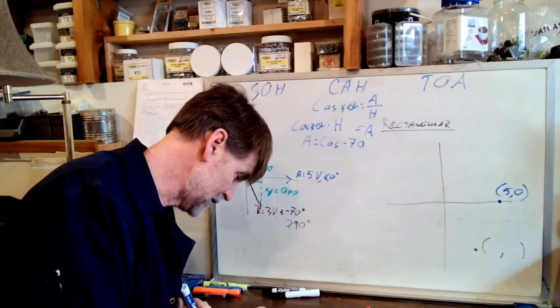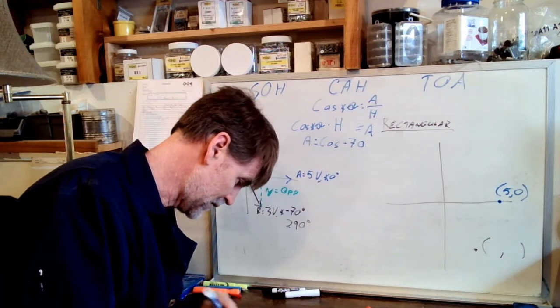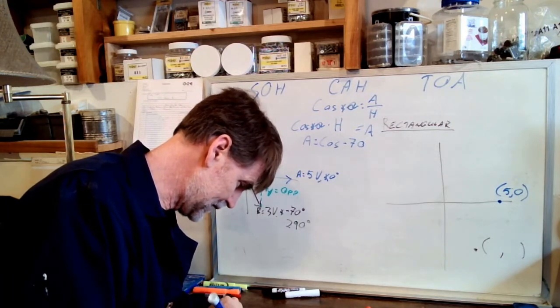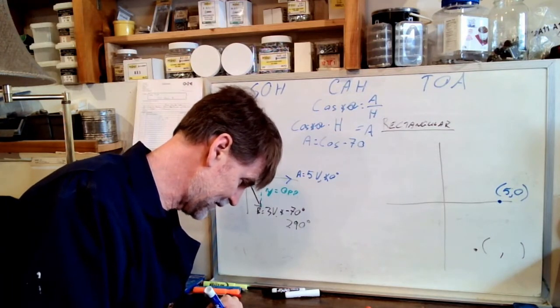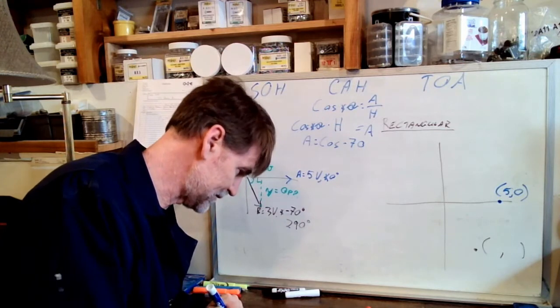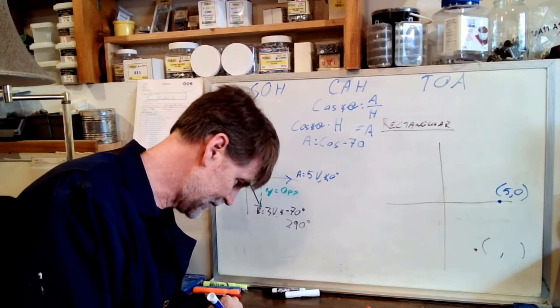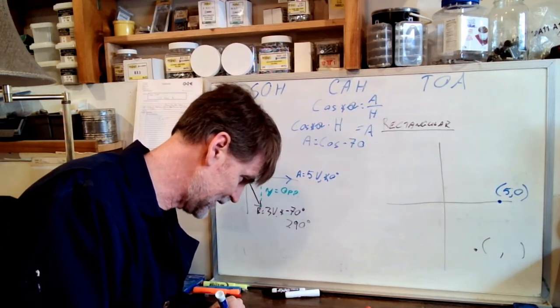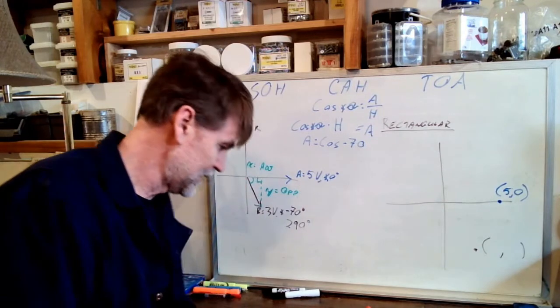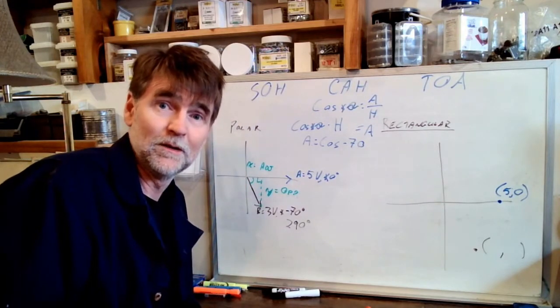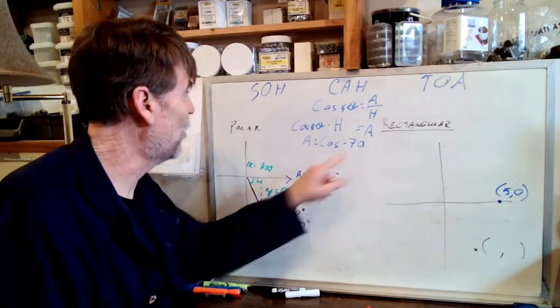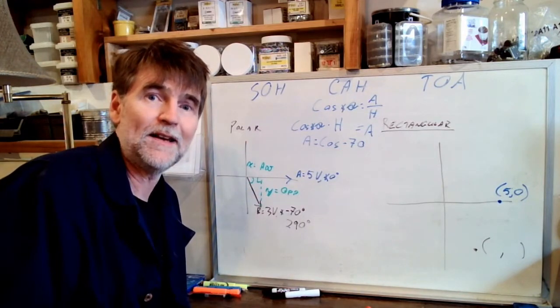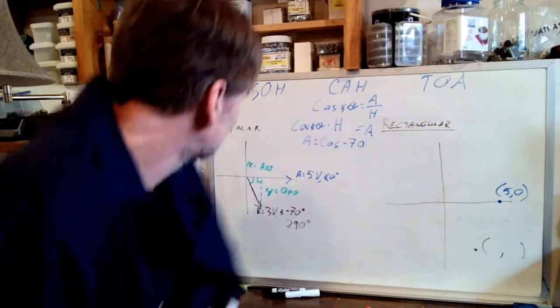What if I do the cos of 70 and add a negative sign there, equals, well, it doesn't like that either. Cos negative 70 equals 0.342. So look at that. It ignored the negative sign. Now, why did it ignore the negative sign?